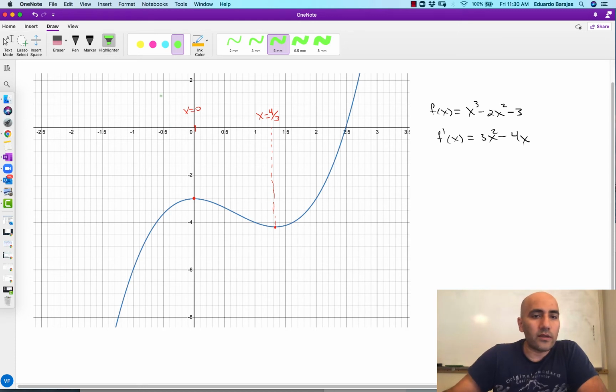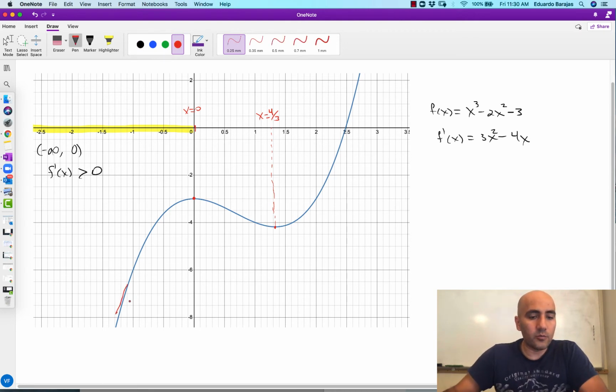And so now what we want to highlight here on the graph is that we figured out that on the interval from negative infinity to 0, the derivative is going to be positive. F prime of x is always positive, right? If you think about the tangent lines at various places here, the slopes are always positive. Sometimes they're big positives, sometimes they're small positives, but they're always positives.